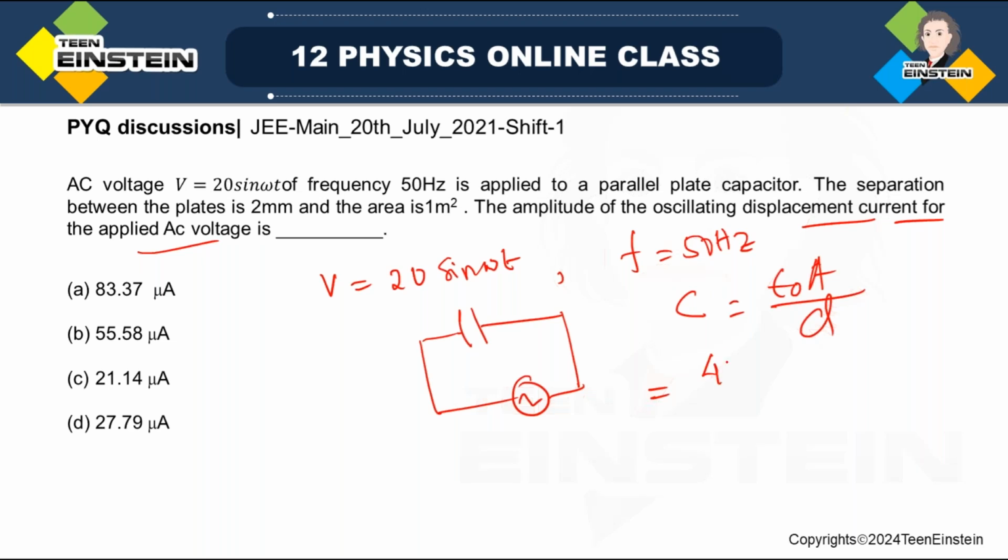See, I can make 4 pi epsilon naught divided by 4 pi. So 4 pi epsilon naught will give you 1 over 9 into 10 to the power 9. Into 9 also will be there. This will be 1 meter square.